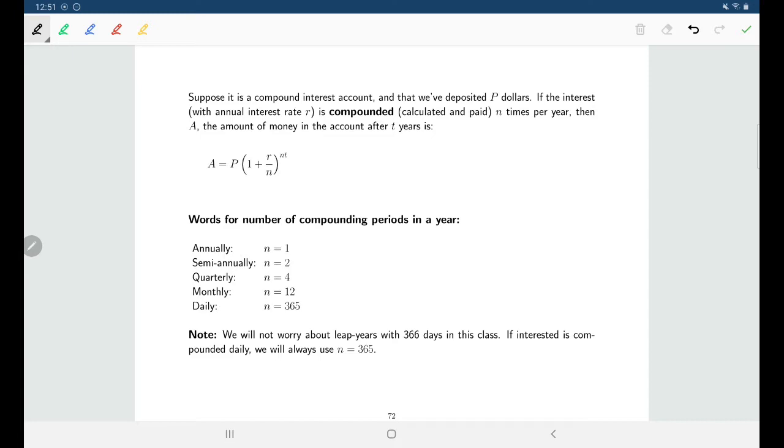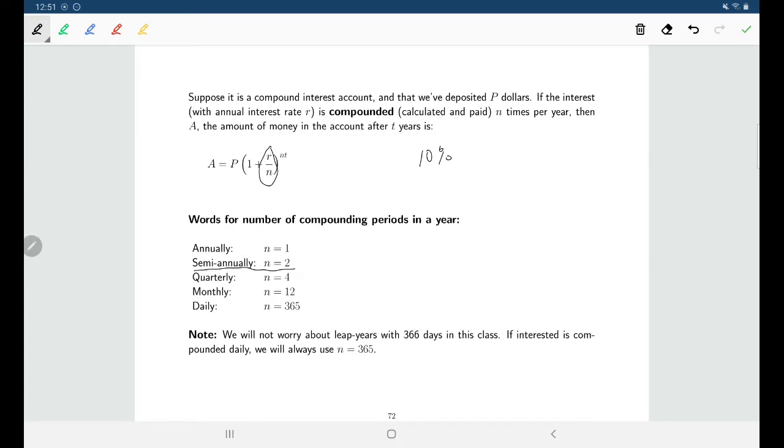What this means for us is that the amount of interest that we're receiving is going to be sliced into equal-sized pieces. So, for example, if you had 10% interest and you were compounding it semi-annually, that doesn't mean you'll be getting 10% in the first half of the year and also another 10% in the second half of the year. What you'll be getting is 10% divided by 2.